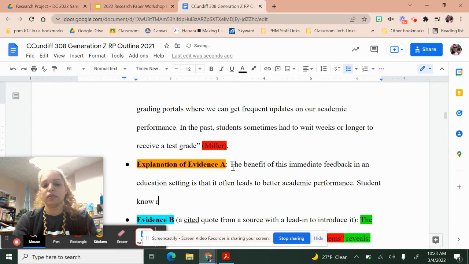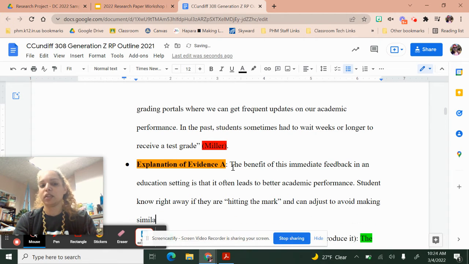Students know right away if they are hitting the mark and can adjust to avoid making similar mistakes on future assignments or assessments.